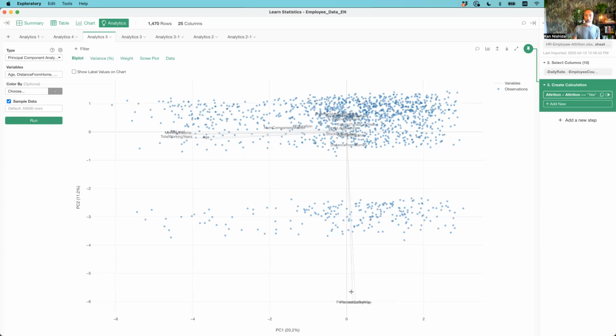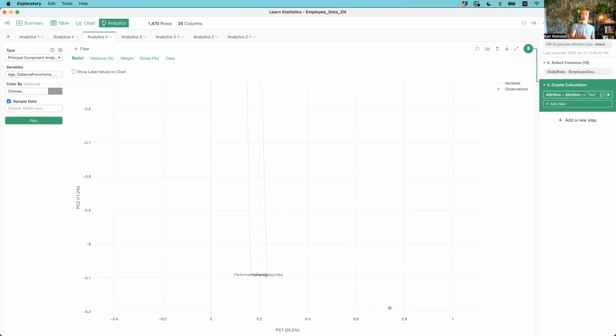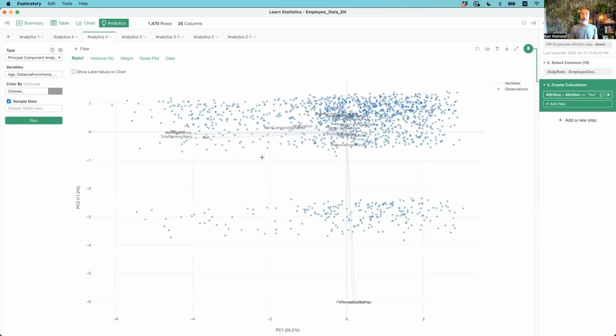And on the vertical dimension, PC2, these are almost along the y-axis line. This is performance rating and percent salary hike. You remember these two are also correlated according to the correlation analysis. That's why they're pointing in the same direction.